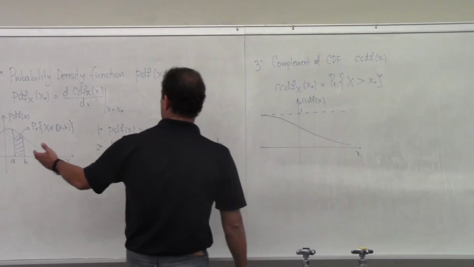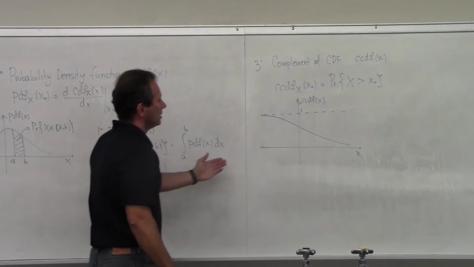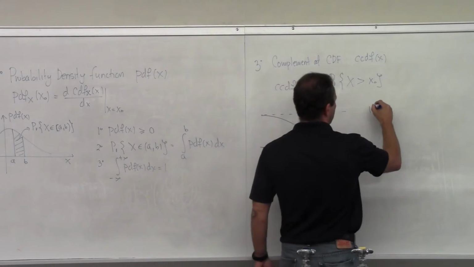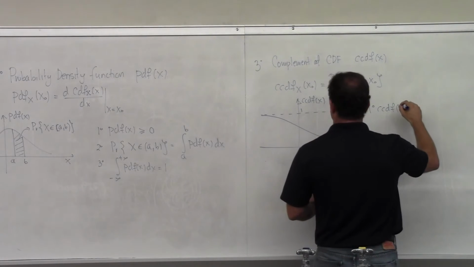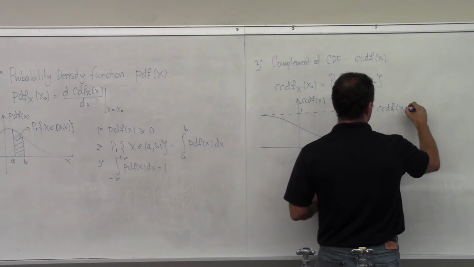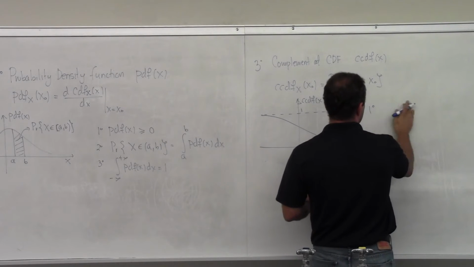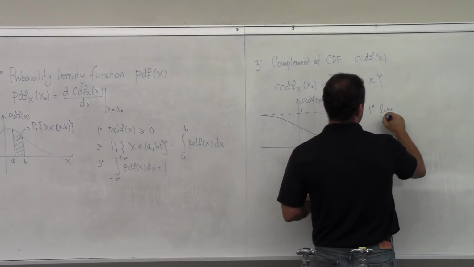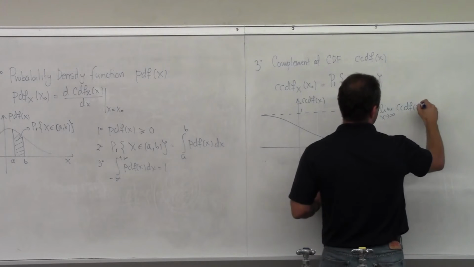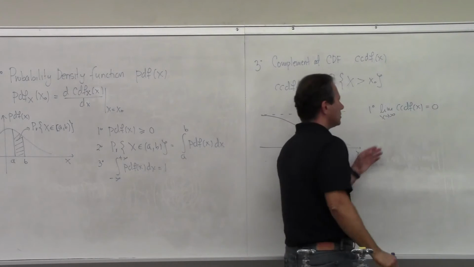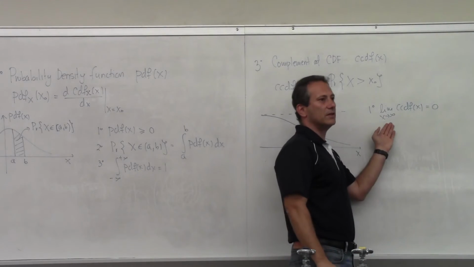And the properties are complements of these properties. Like CCDF of x, when x goes to infinity, the limit of CCDF of x has to be equal to 0, because nothing is greater than infinity, right?